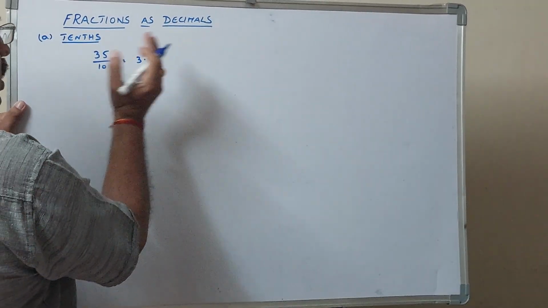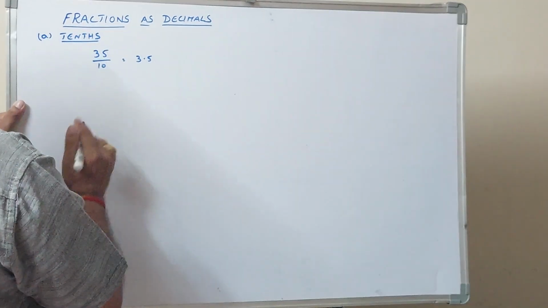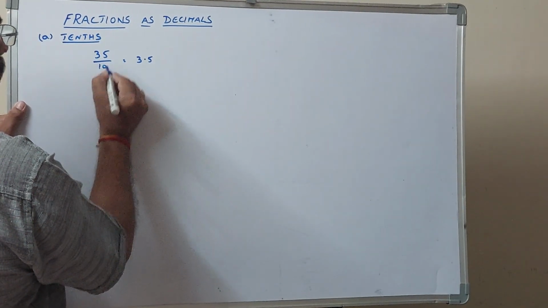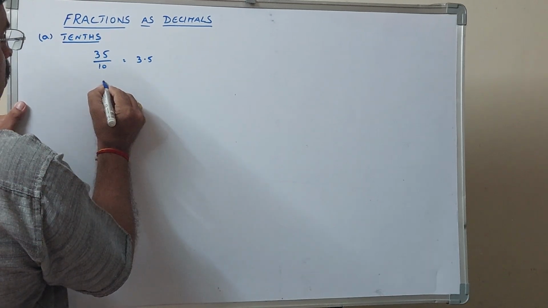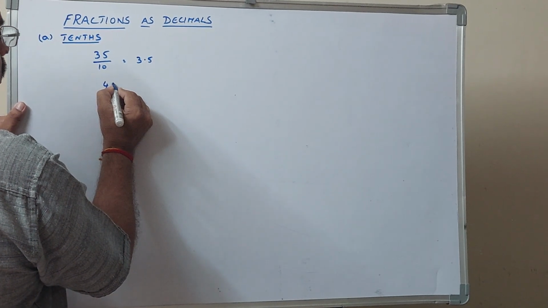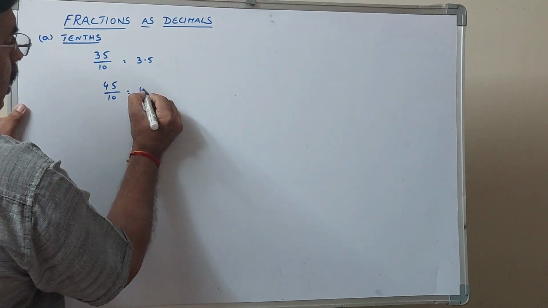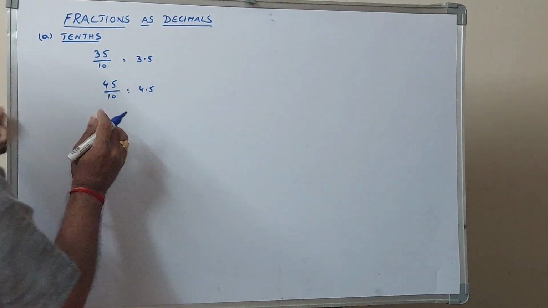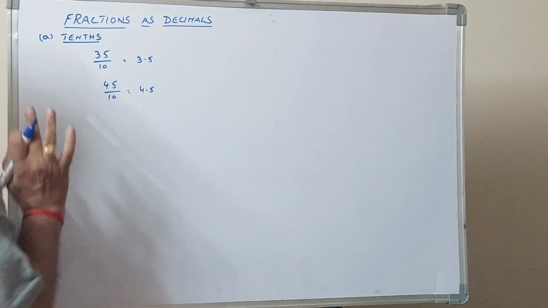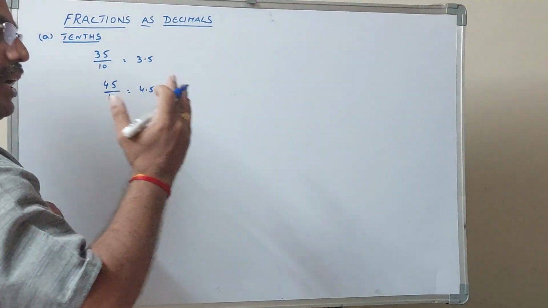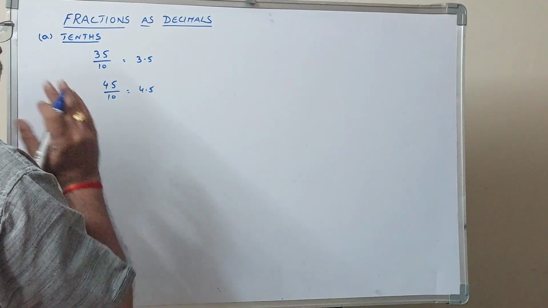Leave the rightmost digit and put the decimal point, for a denominator of 10. So 45 by 10, how do you put it? 4.5. Leave the rightmost digit, put the decimal point. That's all. In the number, leave the rightmost digit and put the decimal point.